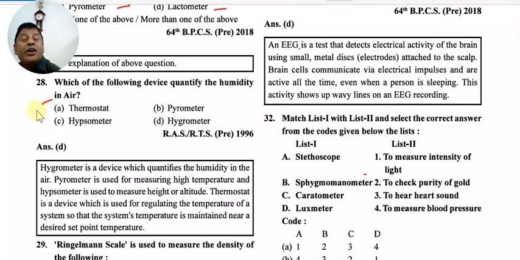Which of the following devices quantifies the humidity in the air? So it's the hygrometer, remember. A pyrometer for the high temperature, remember.